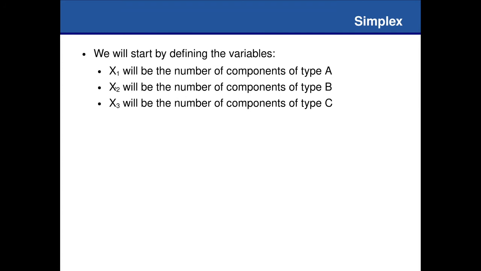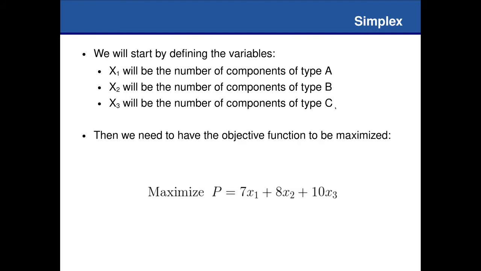Consider x1, x2, and x3 represent the number of components of type A, type B, and type C. After that, this is going to be our profit function, aka our objective function in this case. $7 for every piece of A, 8 for every piece of component B, and 10 for every piece of component C. So this is our objective function.